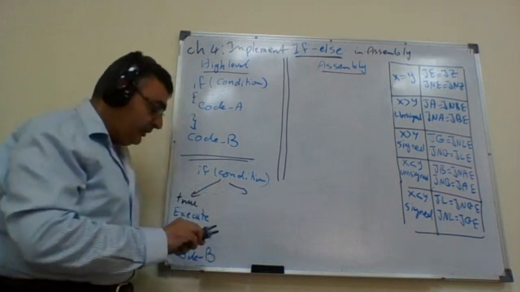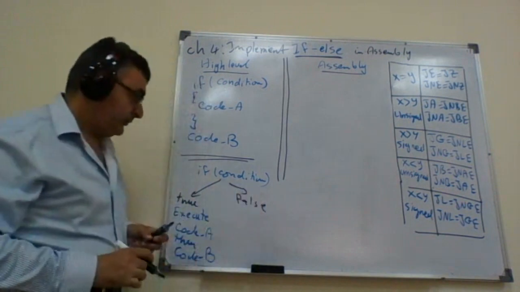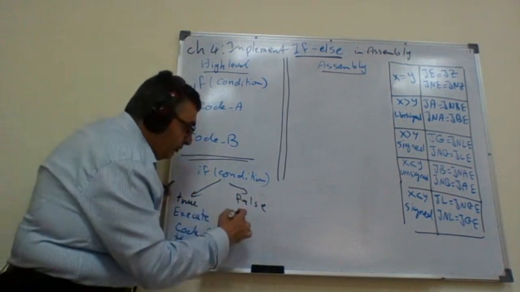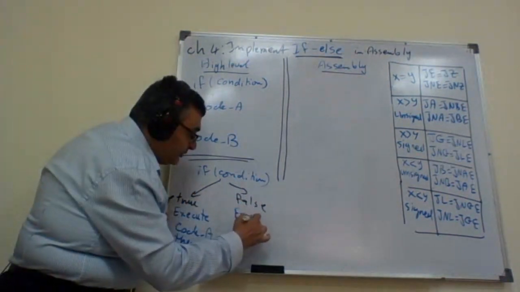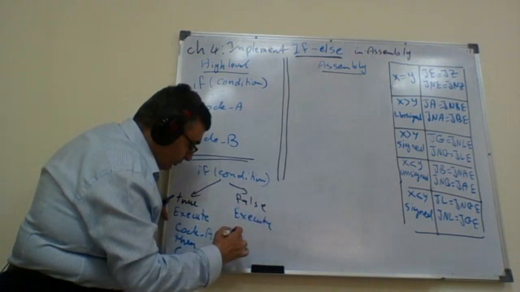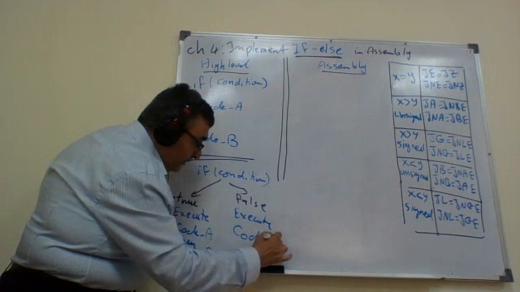If the condition is evaluated to be false, I will not execute A, and I will execute only the code for B.